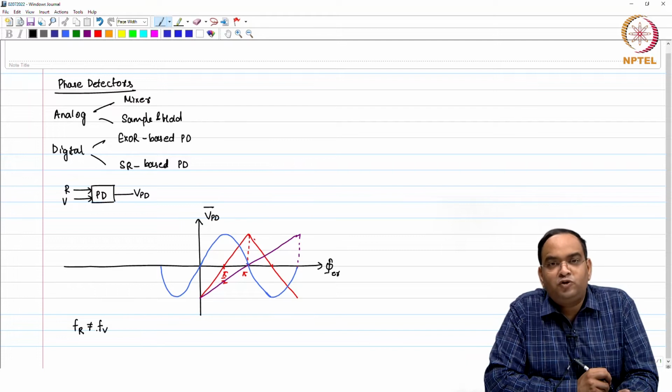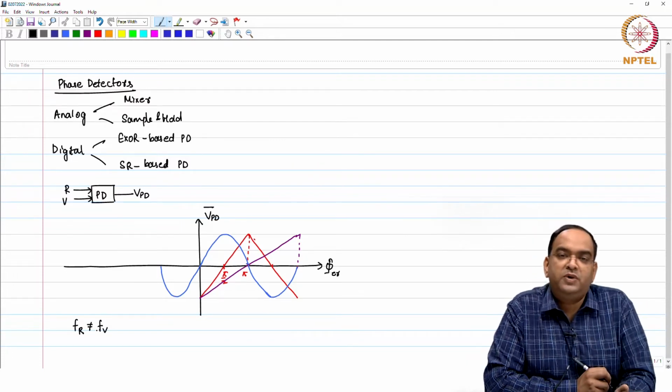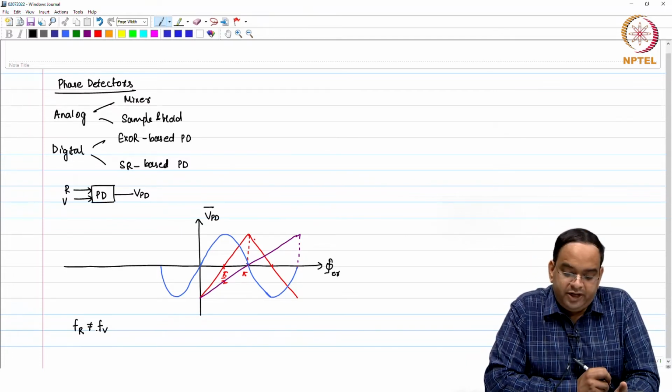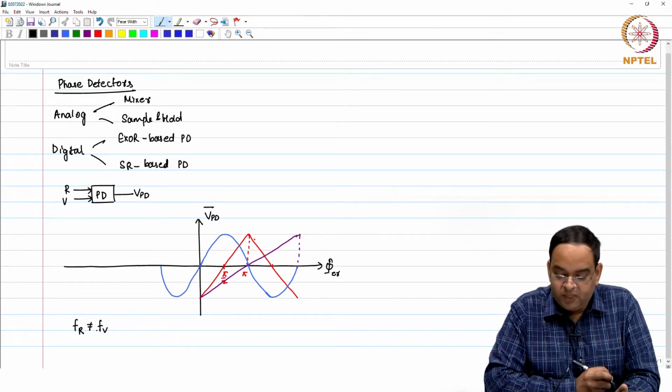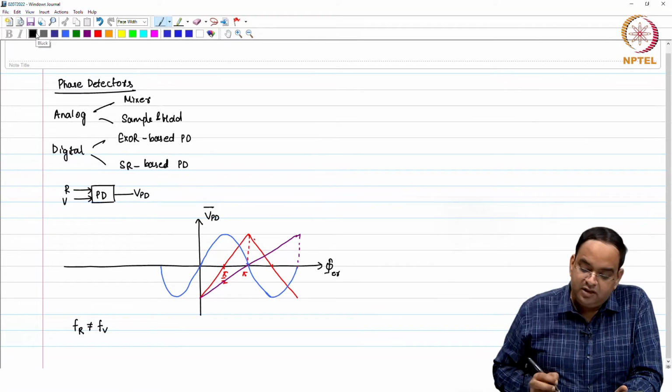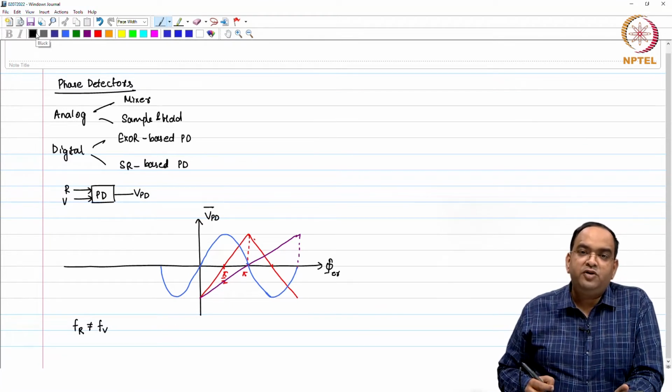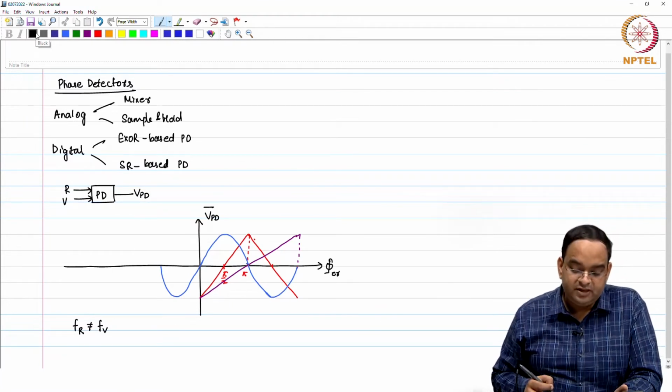If it is in a closed loop, then based on the loop operation, you will recover the frequency. But here we are looking at whether we can detect the frequency error by using the phase detectors.